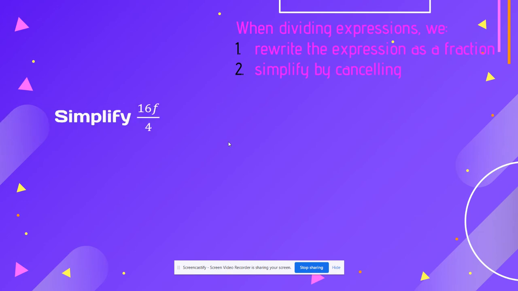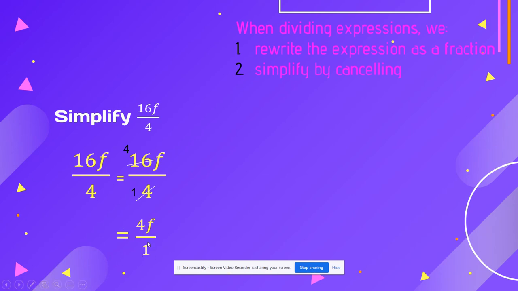So we've got 16f divided by 4. What we do is we say, what can go into 16 that can also go into 4? Well, 4 goes into both of them. 4 can go into 16 4 times, and 4 can go into 4 once. So now we're left with 4f divided by 1.